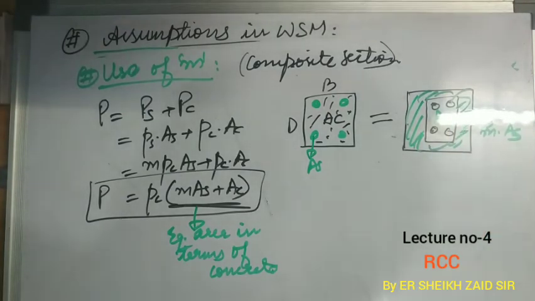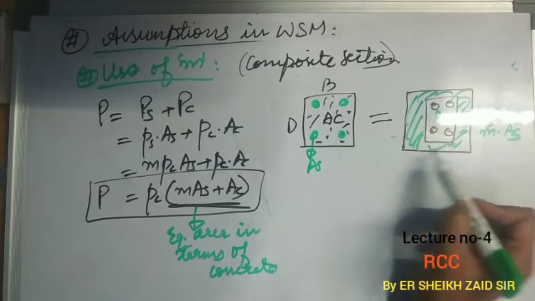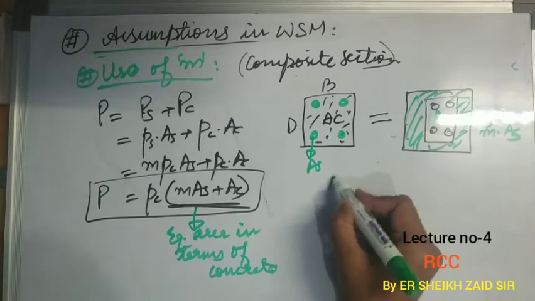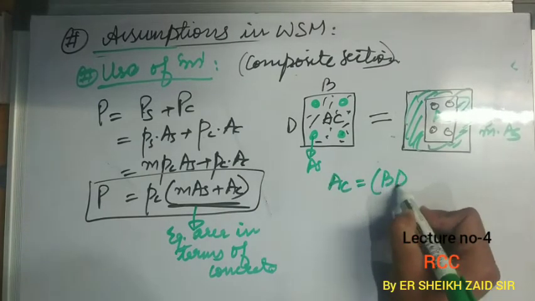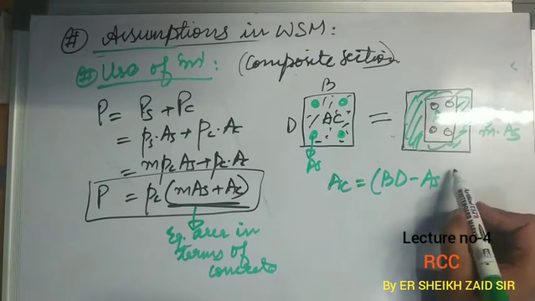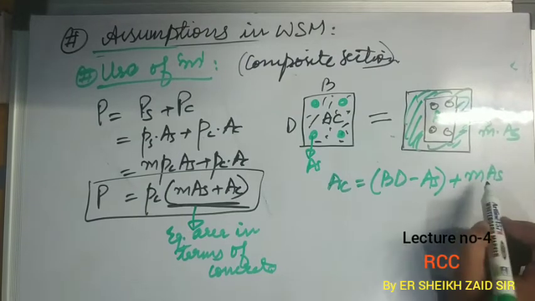See, this steel has got converted into equivalent area of concrete. So the equivalent area of concrete can be written as B into D, whole D, minus area of steel AS plus M times AS.